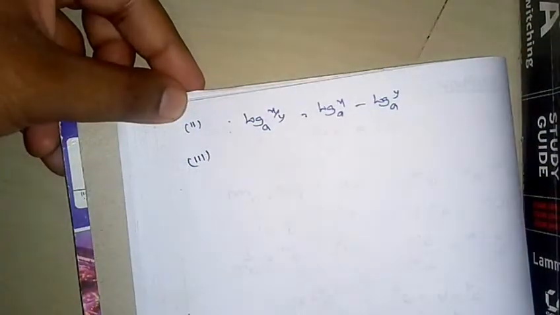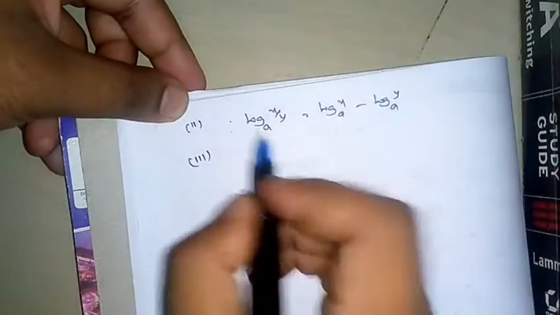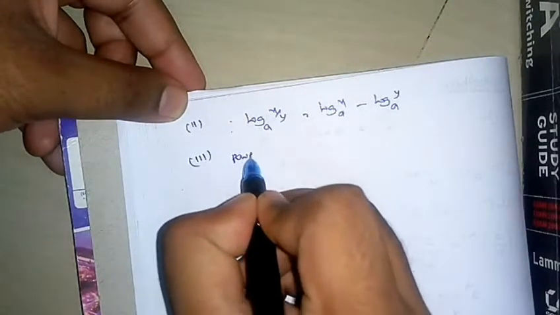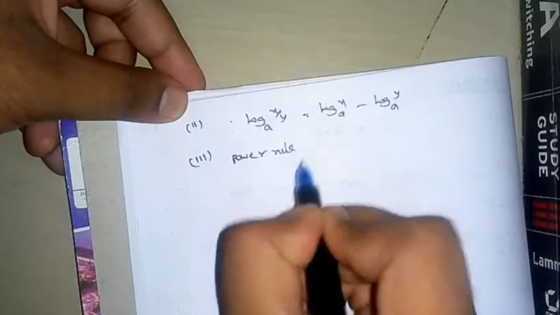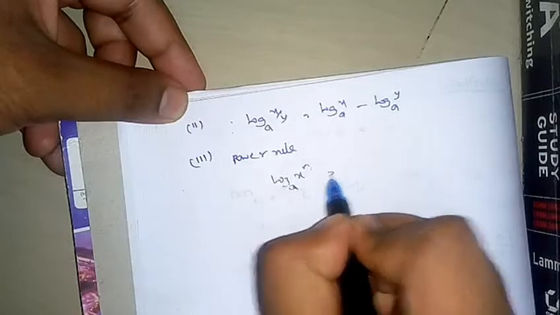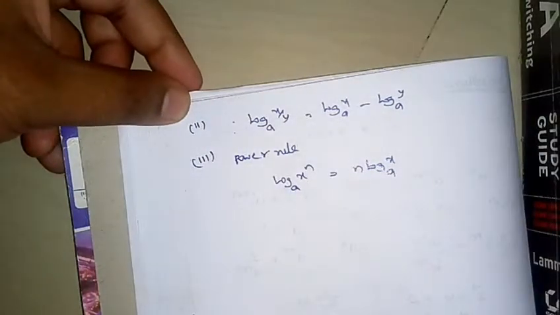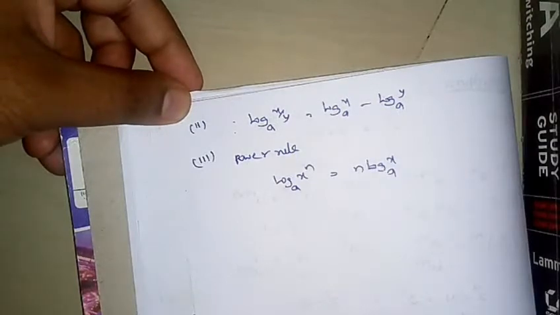Third one, power rule. Log x to the power n base a is equal to n log x base a. This is the power rule. Proofs will be easy. You can do them if you want.